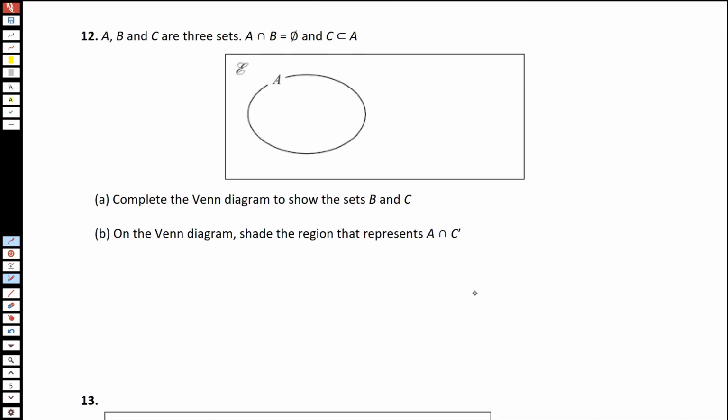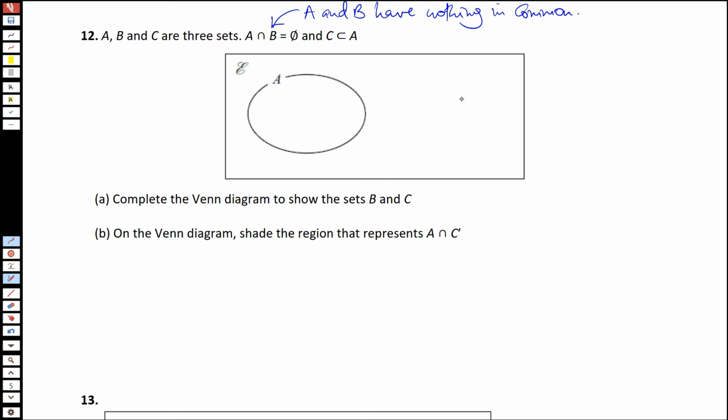So number 12. In number 12, we have been given these conditions that A and B do not have anything in common. So basically, A and B have nothing in common. That's what it means: what's common between A and B is nothing. It's an empty set.